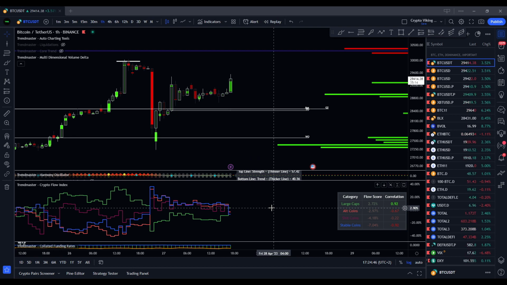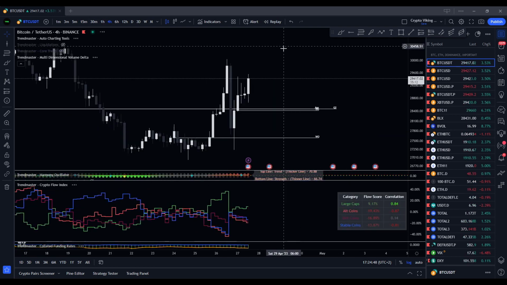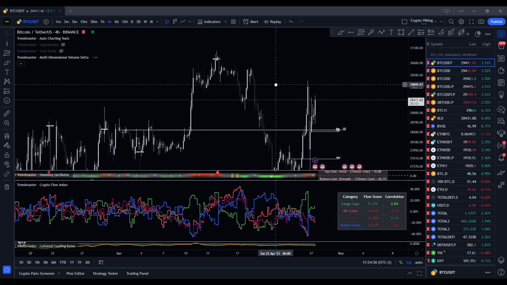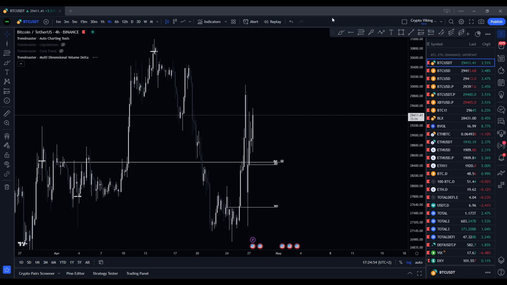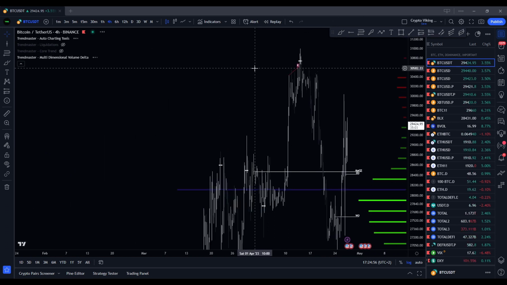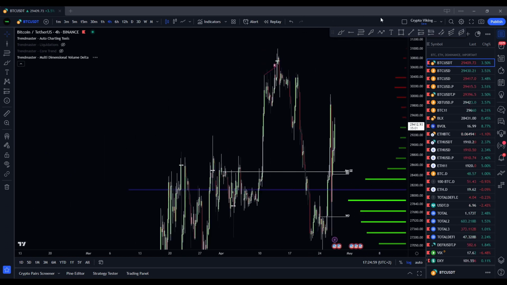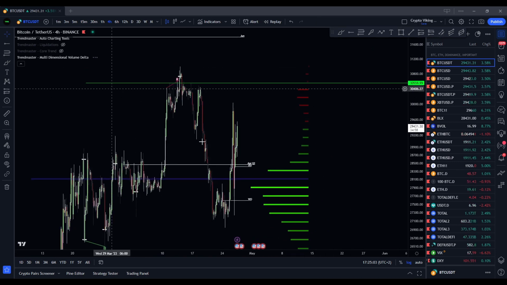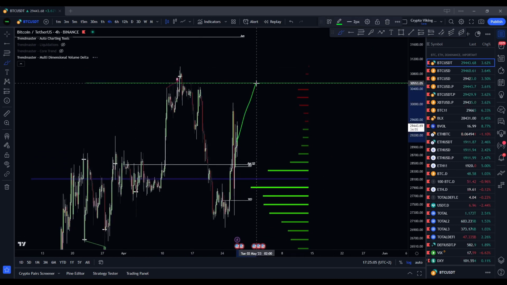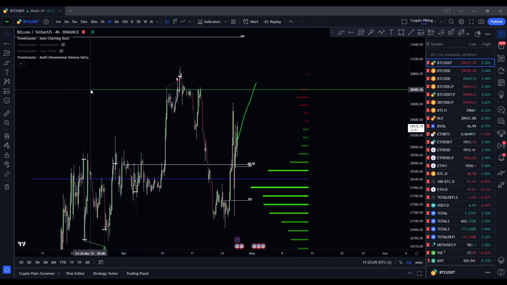If we get something like this, essentially my idea would be: if our major breakout of structure is somewhere around here, and then we get that move up, and then we fail 30.5, or actually probably this, somewhere like there, right at the high of it.